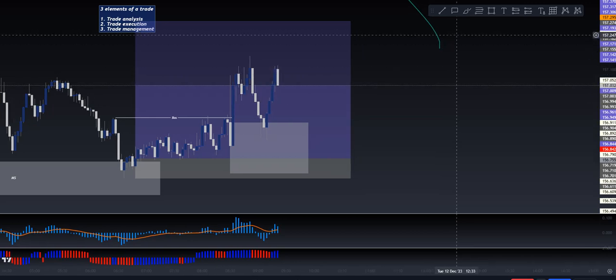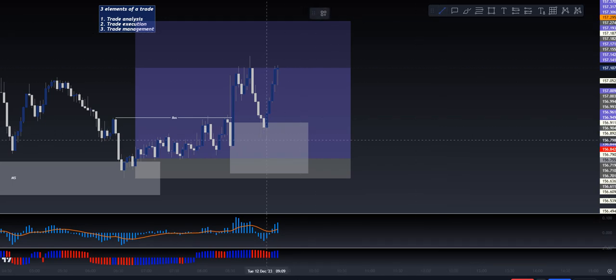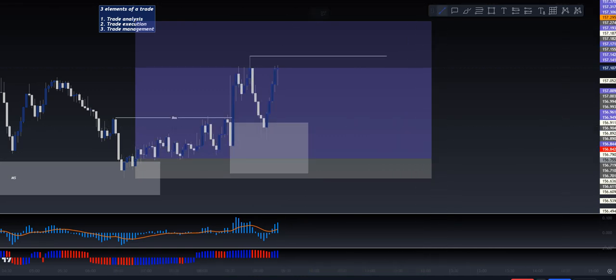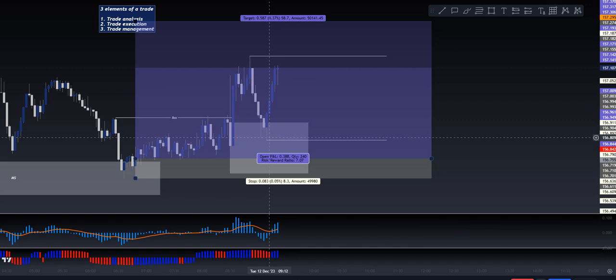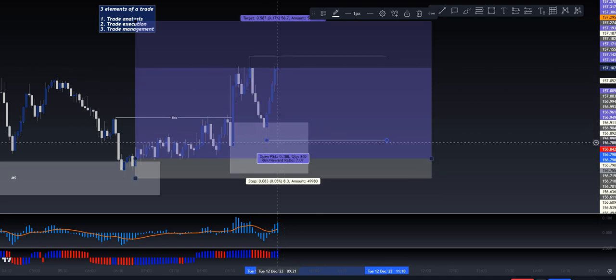And right there, I got that reaction. Now that I got that reaction out of the market, that tells me the market is going to do one of two things. It's either going to break structure, or I have to commit. I can't exit halfway. Once I decide to hold this trade, I have to commit to either losing here, or if the market decides to reverse there, then I can move my stop loss right underneath this low, because if it goes any deeper into the zone, it's probably not going to be the winner.